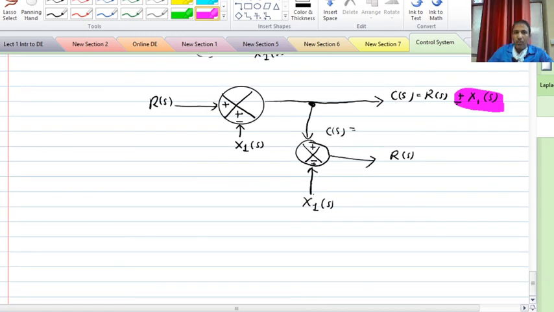Now what about if two blocks are in parallel? This is the last case here, blocks in parallel.